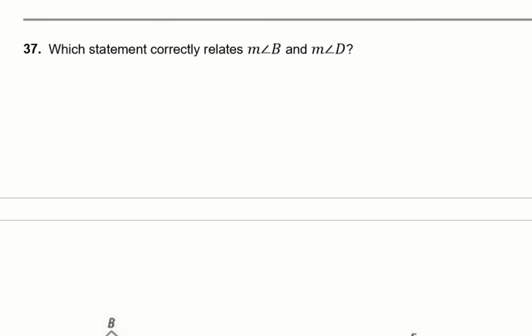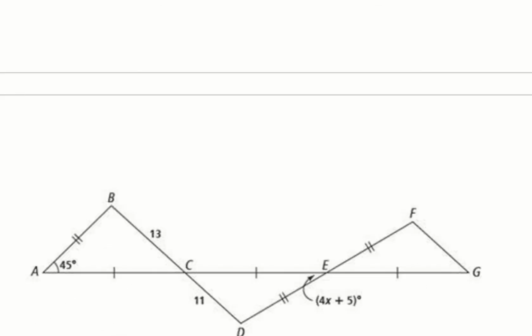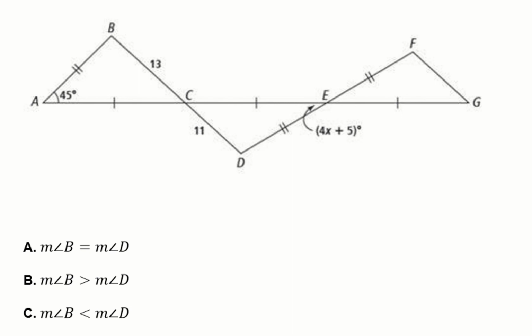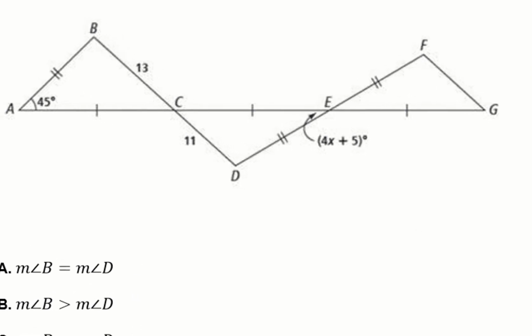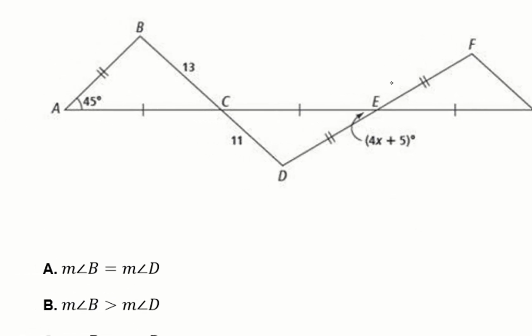All right, which statement correctly relates angle B and angle D, using the figure below? All right, so we're interested in angle B and angle D, so we're interested in comparing those. Okay, so we know that these two sides are congruent, and these two sides are congruent.